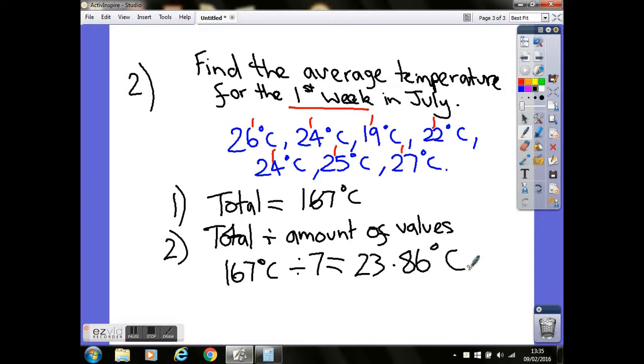And that's our final answer again for the mean after those 2 steps. So again, that answer should be roughly in the middle of 19, our lowest value, and 27, our highest, which it pretty much is. So we know we've done it right. And that's the end of this tutorial on mean averages.